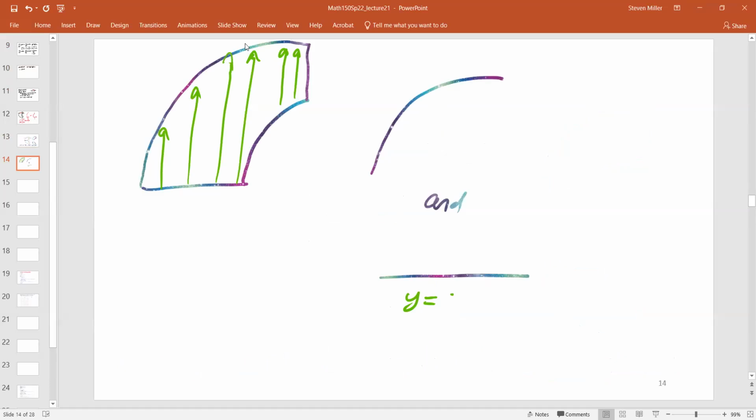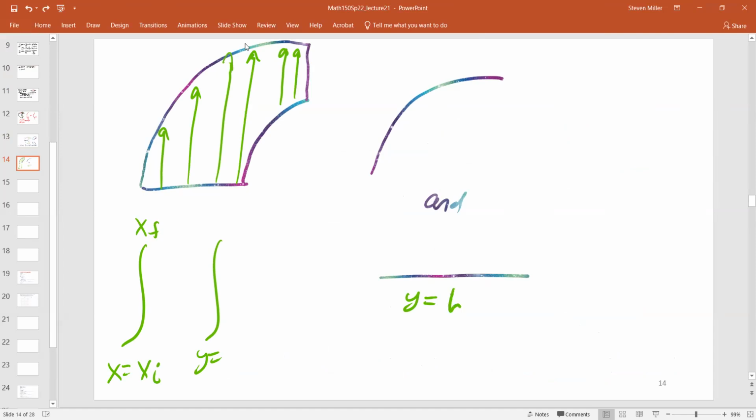So here, which am I integrating first, x or y? Y. So I have y goes from something to something, and then x goes from maybe the initial value of x to the final value of x. So y is going to go from some function of x.